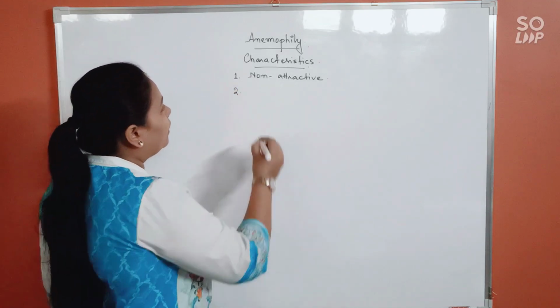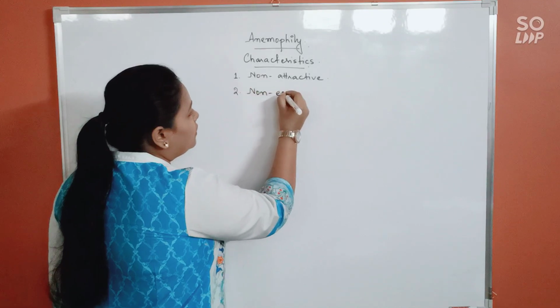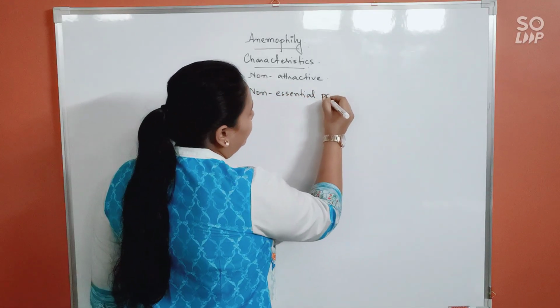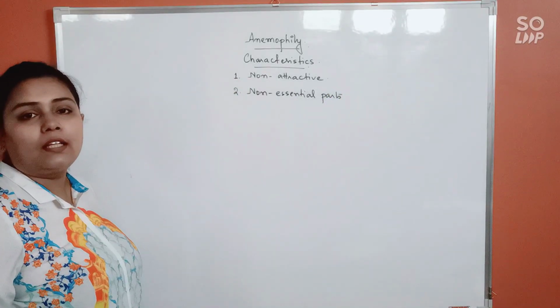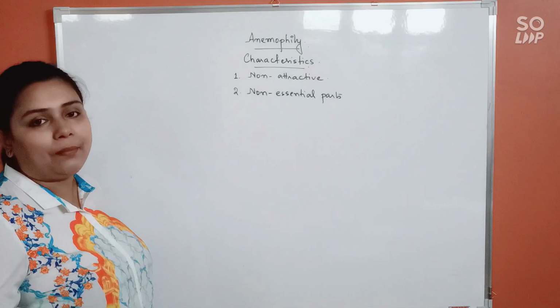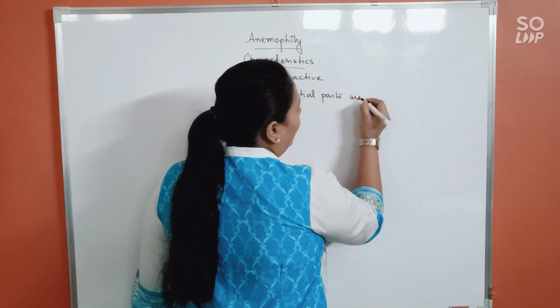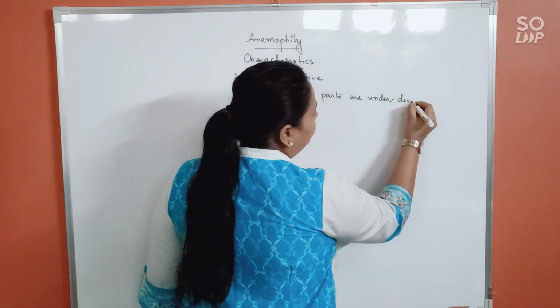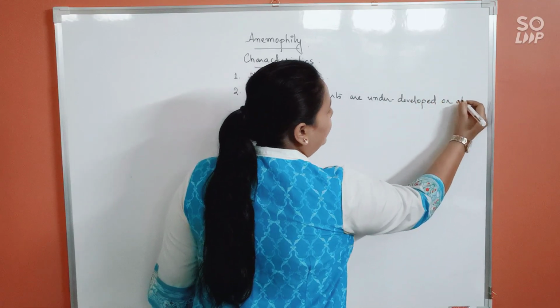Next, the non-essential parts. Now all of you know, non-essential parts of the flower are calyx and corolla, or sepal and petal, isn't it? Non-essential parts are underdeveloped or absent.